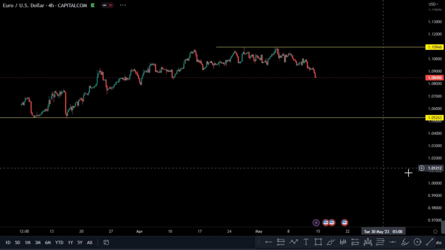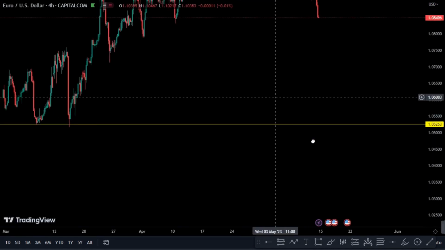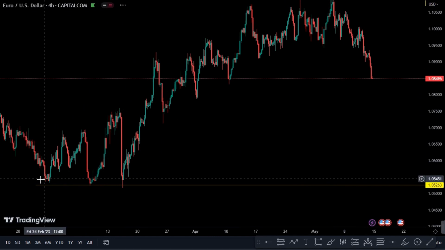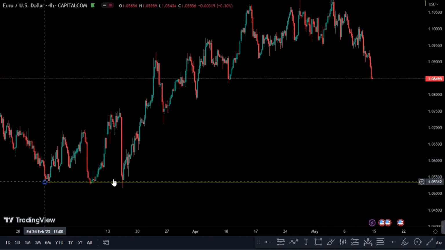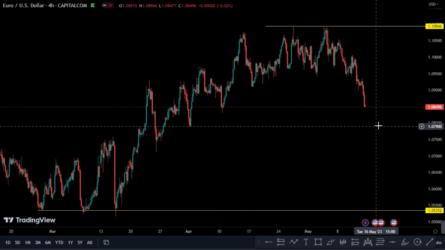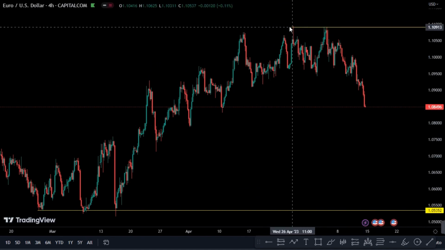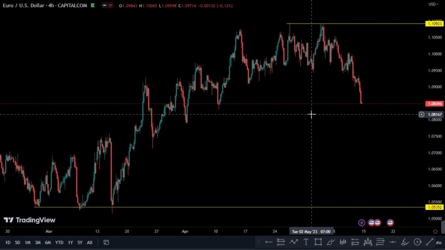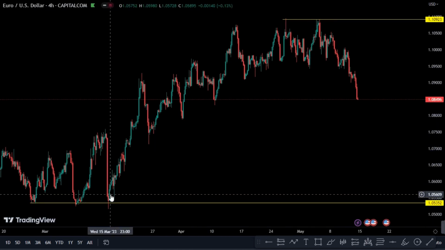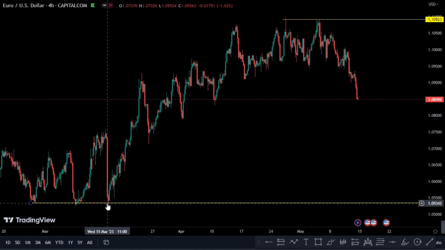I'll switch to a 4-hour time frame, and then we would analyze for more patterns and structure as to what the market is giving us. As we can see, this market was coming from a support structure. Remember what I said?